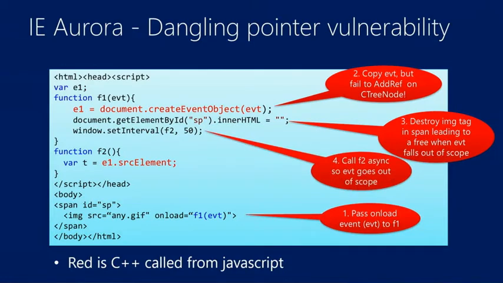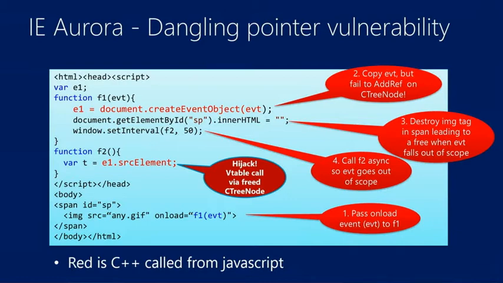And then we're going to call F2 to fire asynchronously. So EVT really does go out of scope at that point. And then later on, when F2 finally gets invoked, bang, we're gone.